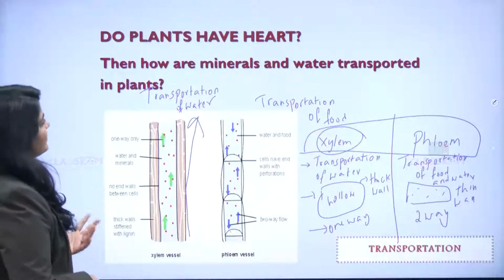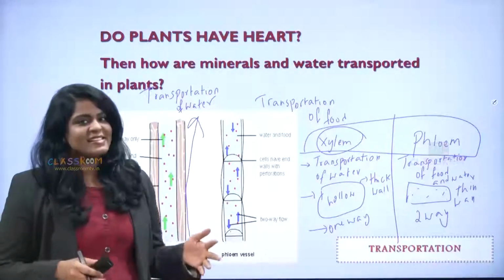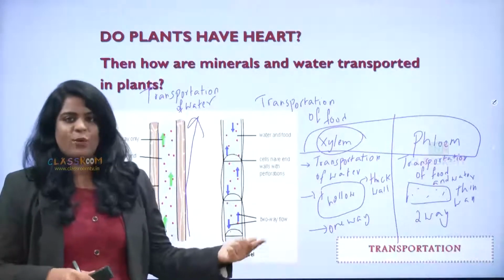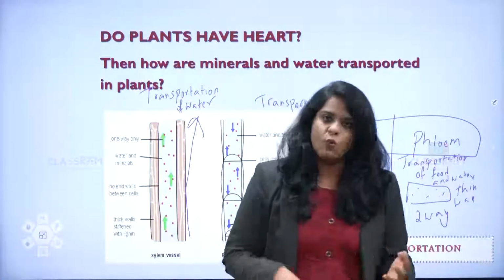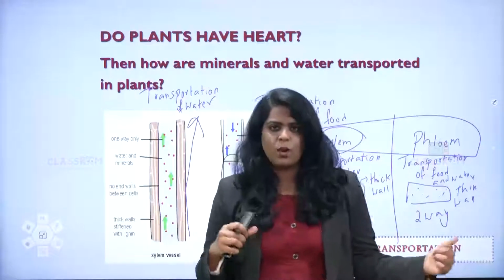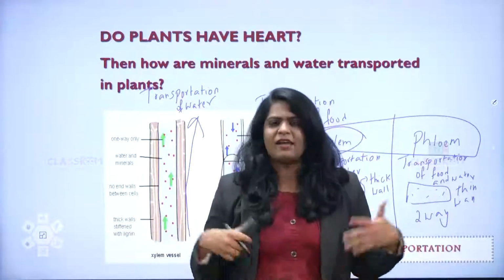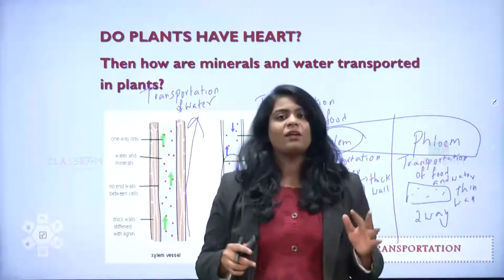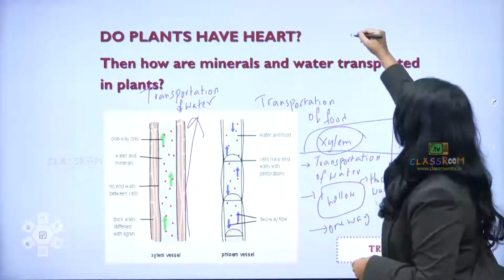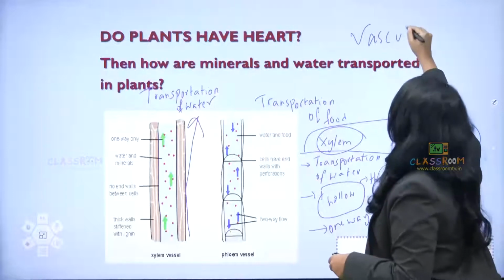So plants don't have a heart. That is the reason that they have xylem and phloem. And let me tell you something interesting. So this xylem and phloem, what are they? Are they the heart for the plants, or what are they exactly? They are parts of vascular tissue.